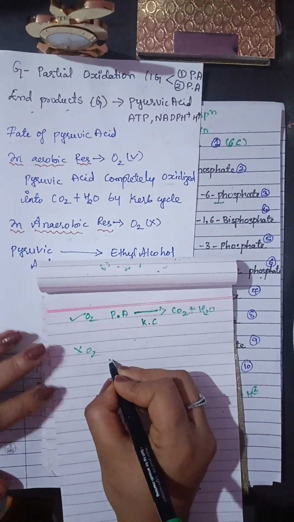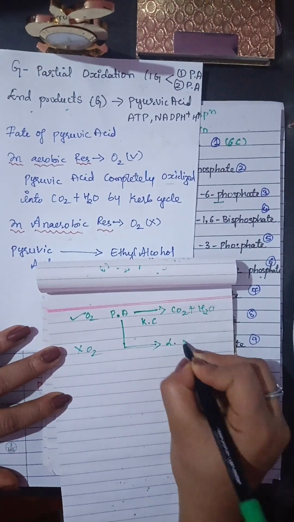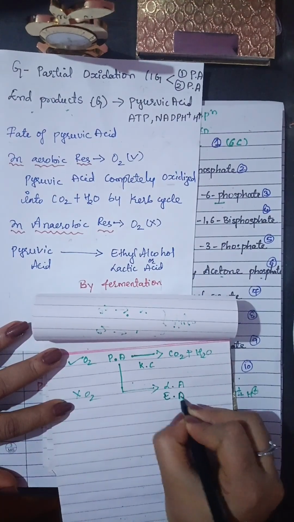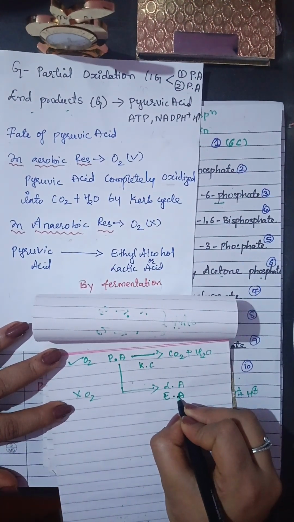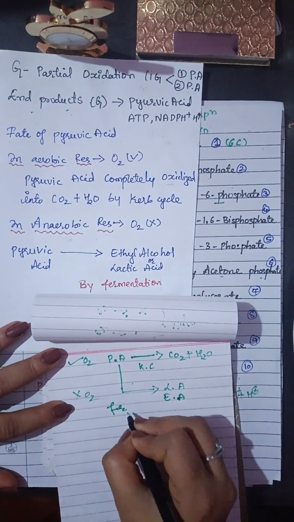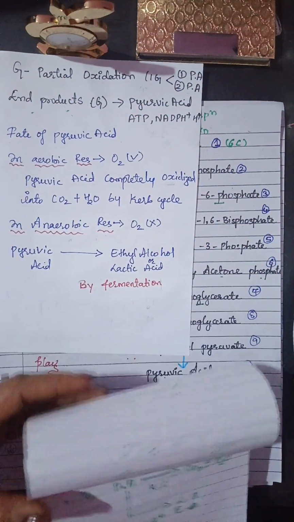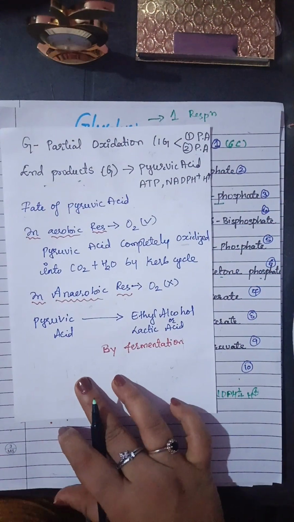In the absence of oxygen, the same pyruvic acid is converted into lactic acid or ethyl alcohol. How is it converted into ethyl alcohol or lactic acid? Through fermentation. So this is the fate of the pyruvic acid. Hope you all remembered.